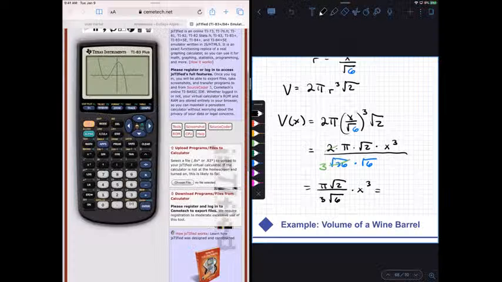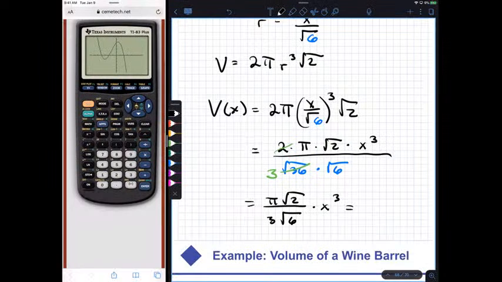So I'm going to quit, clear. So what I'm going to do, I'm going to say parentheses. I'm going to do pi times the square root of 2. Close off the top. I'm going to say divided by the bottom is 3 times the square root of 6. Close off the bottom. You should get some decimal. I hope that's the same decimal. Let me see.